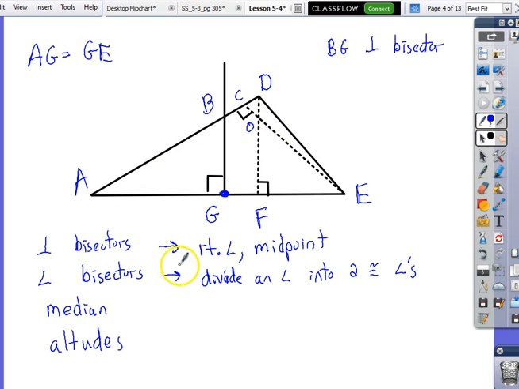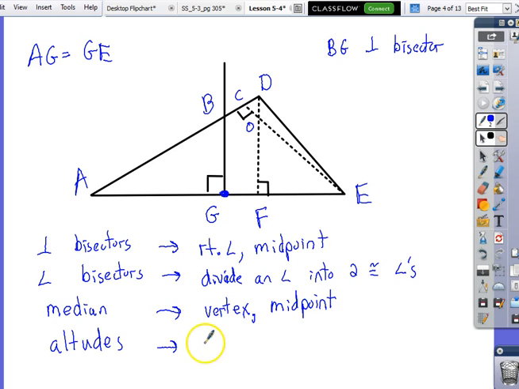Then none of those were angle bisectors. A median has a vertex or a corner, and it also has a midpoint. So the two dotted lines go to vertexes, but do they end up at midpoints? Then we don't have a median.